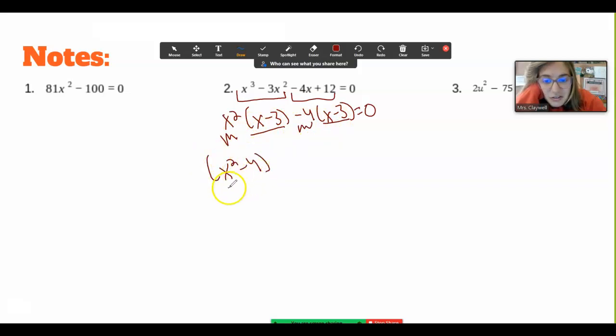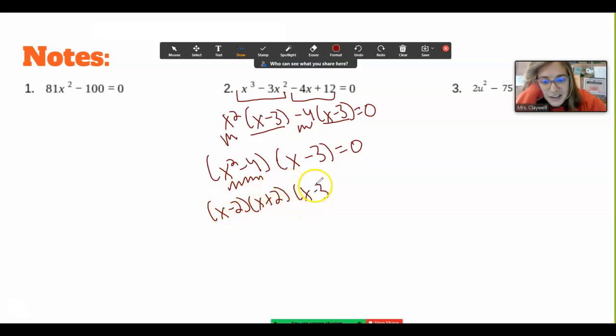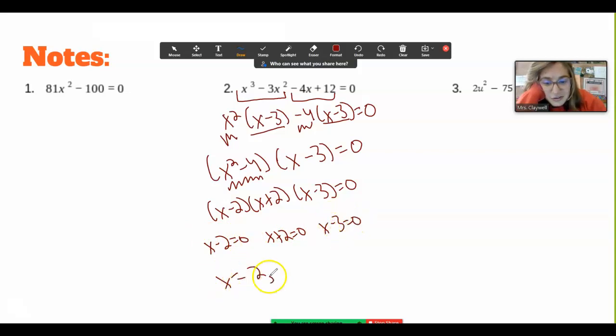My leftovers look a lot like a difference of squares. So that's difference of squares, and now I can set each of these equal to 0. So x equals 2, negative 2, and 3.